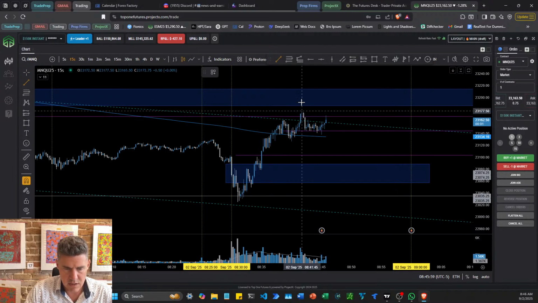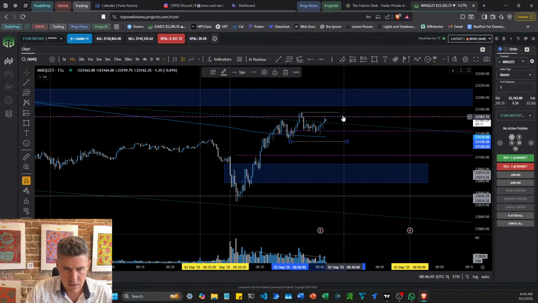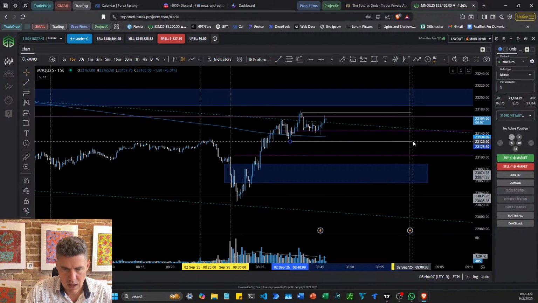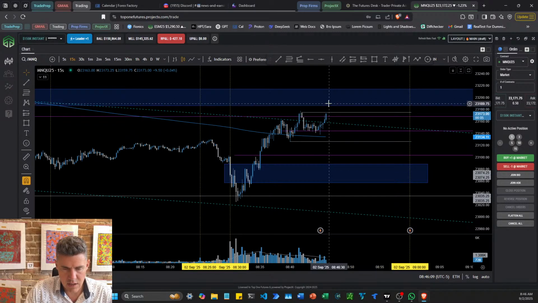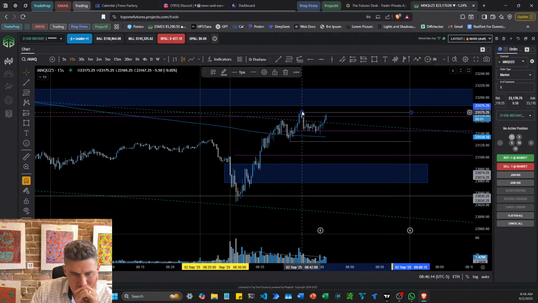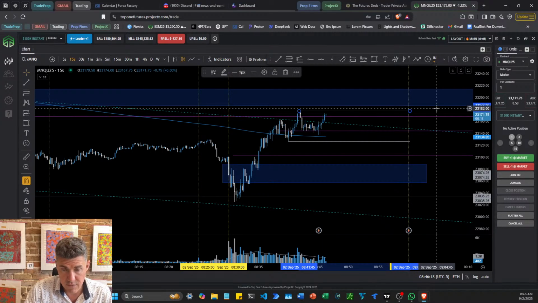This is interesting. Are we going to break out of this right now? I half think a breakout here will be sold off, but I'm not so sure that it's a trade that I would take. It's definitely not an A+ trade from my playbook.